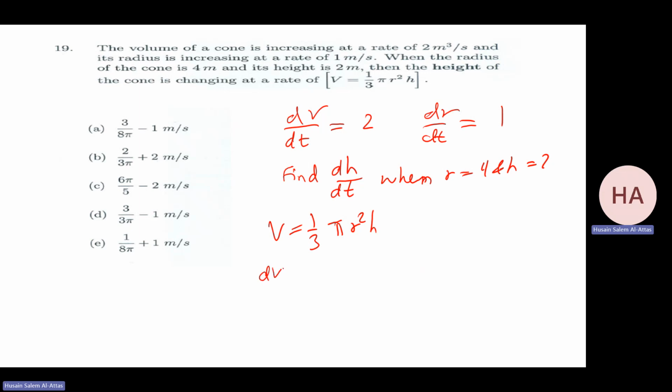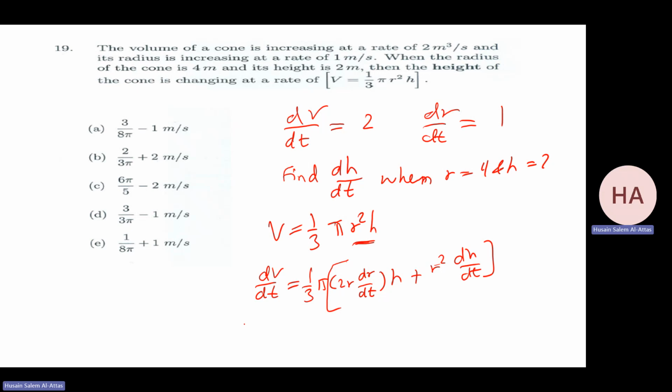Okay, so I differentiate with respect to t right away. That will be 1 over 3 pi times 2R dr by dt times H, this product, plus R squared dH by dt. Now plug the numbers in and find what we're looking for.